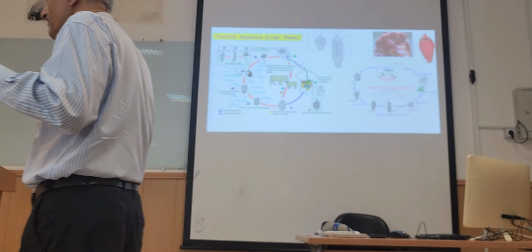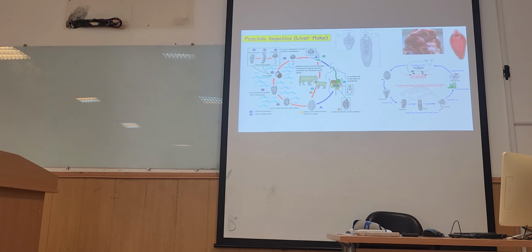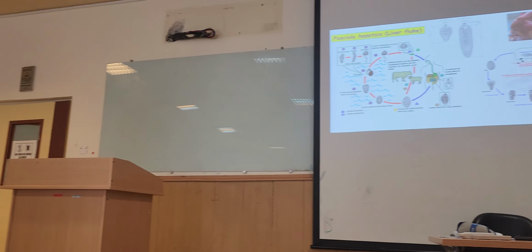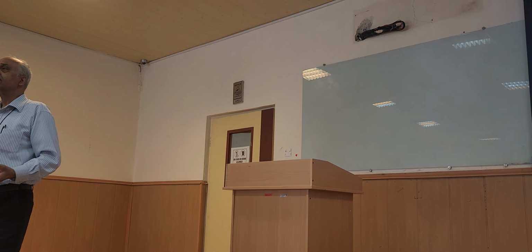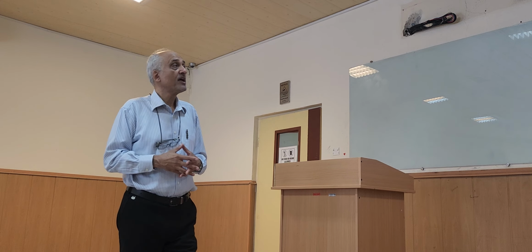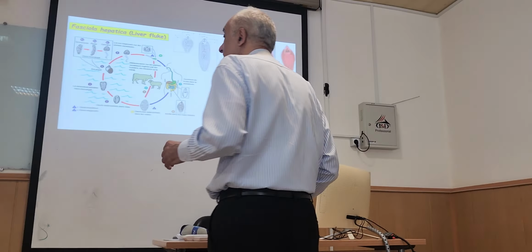Okay. And then after they become adult, and again eggs are released into the intestine, and then eggs exit the life cycle. For human and animal, the whole procedure is the same. So this is just to show you what the life cycle is.